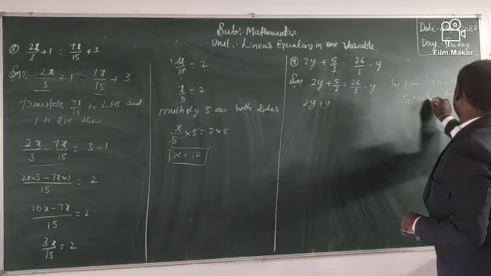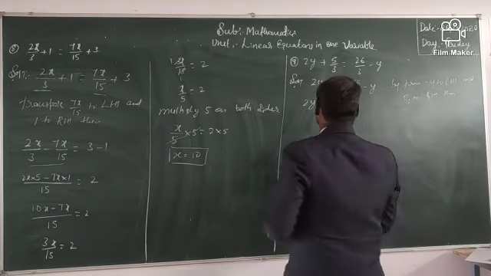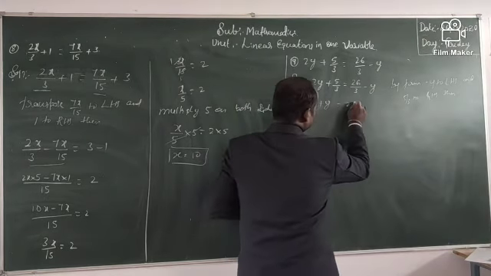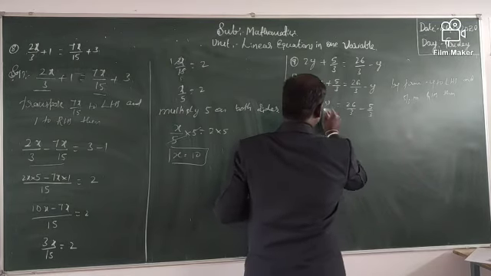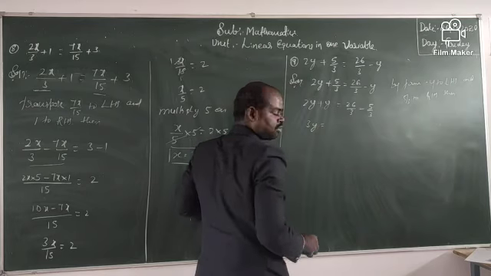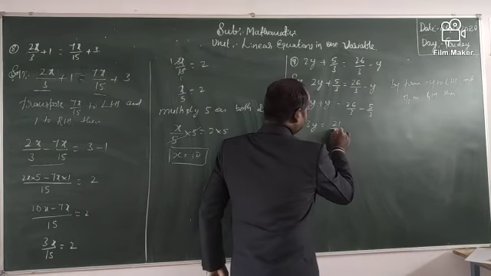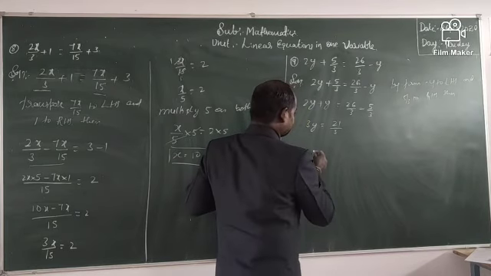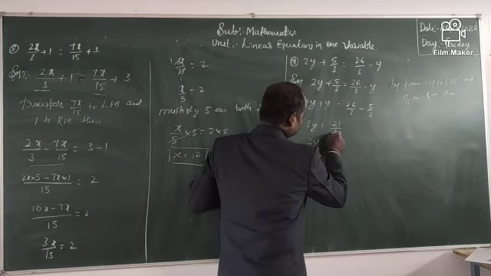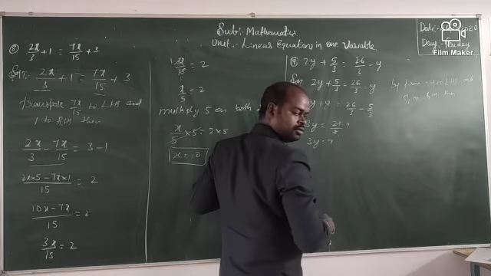Sorry, LHS and RHS right here. Then 2y + y equal to 26/3 minus 5/3. Then 3y equal to 21/3. Okay. Now see children here. 3y equal to 3 sevens are 21, so 7.